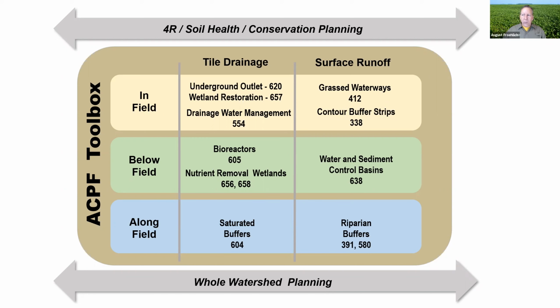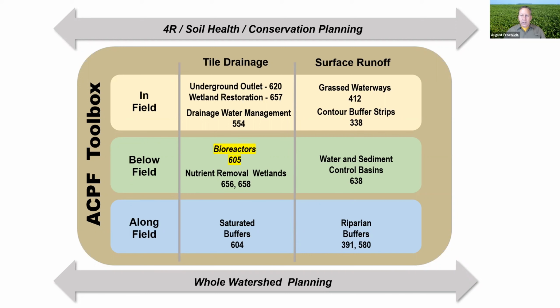We've talked about grassed waterways as an in-field surface runoff tool. We've talked about riparian buffers as an along-field surface runoff tool. And we're going to talk today about a below-field tile drainage practice.